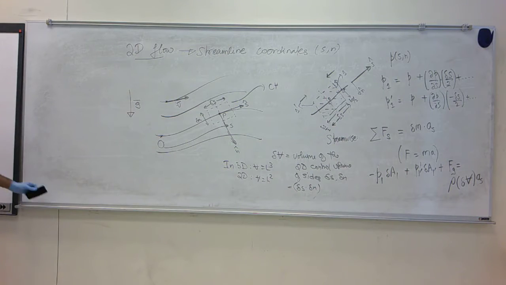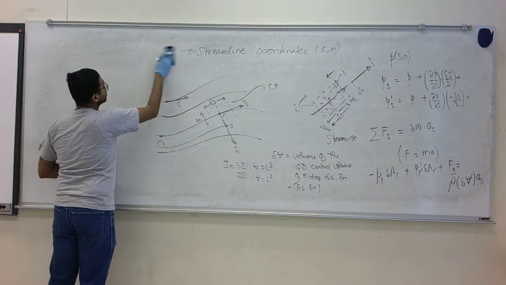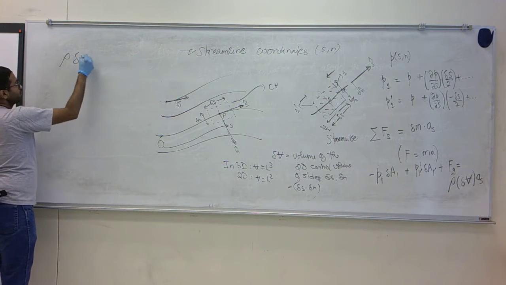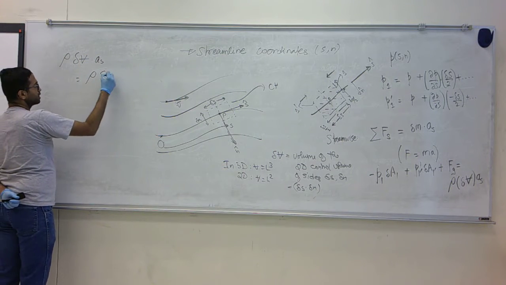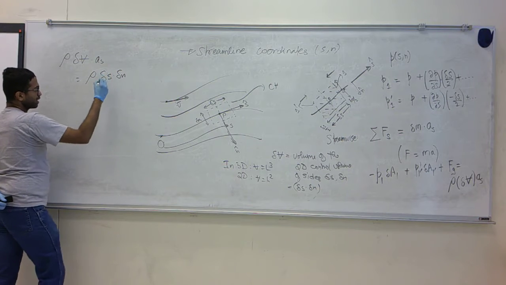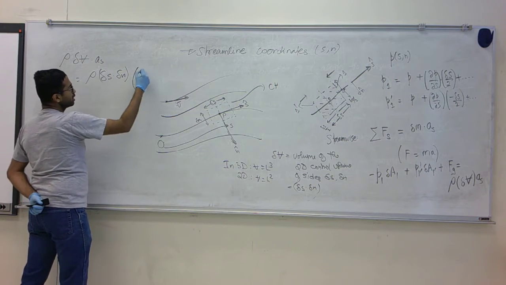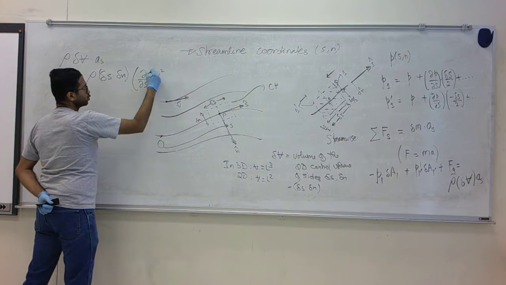So what I am going to write is that rho times delta V times As is rho times delta S times delta N, and then As, I just derived it previously, is the partial over S of V squared over 2.